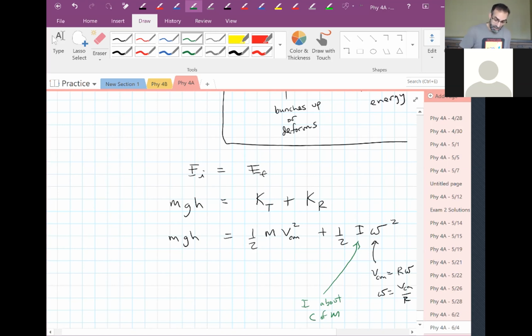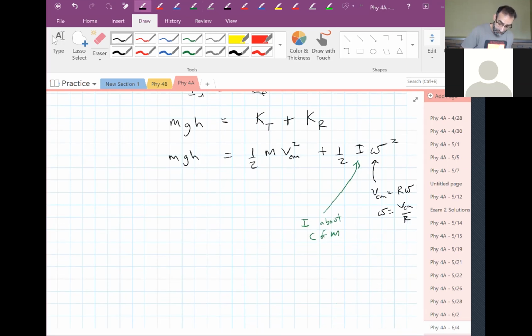All right, so let's plug in what we know here. We have 1/2 m v center of mass squared. We have 1/2 I. I is 2/3 m r squared. You look that up on your formula sheet. And v center of mass over r is what we're using for omega.